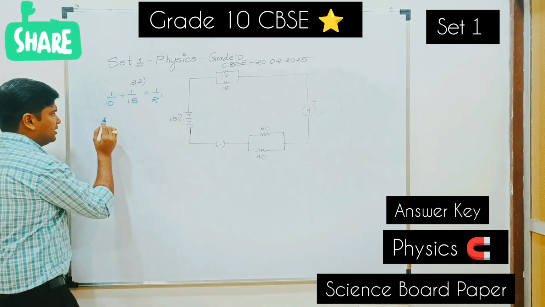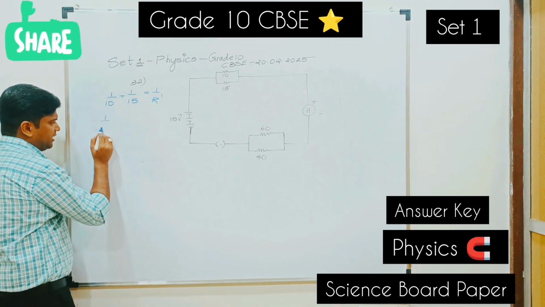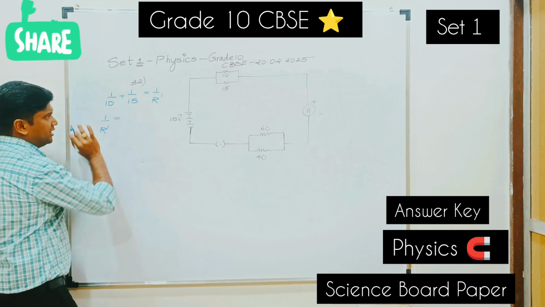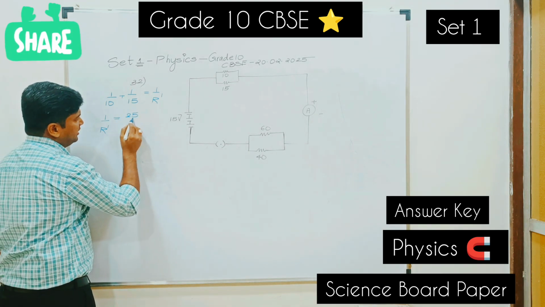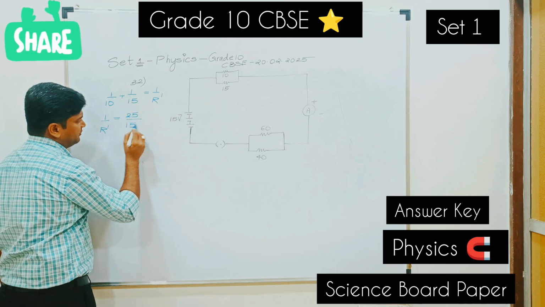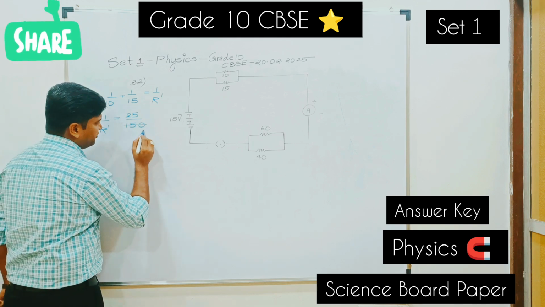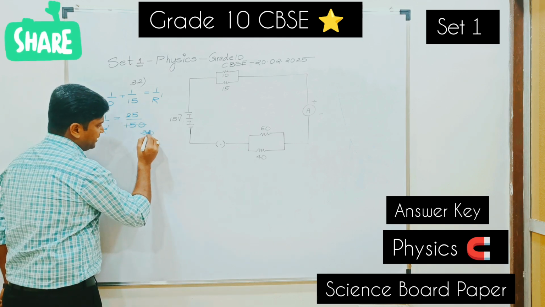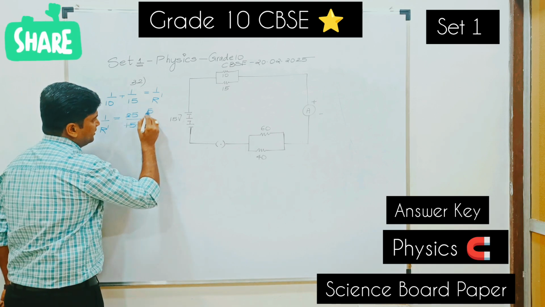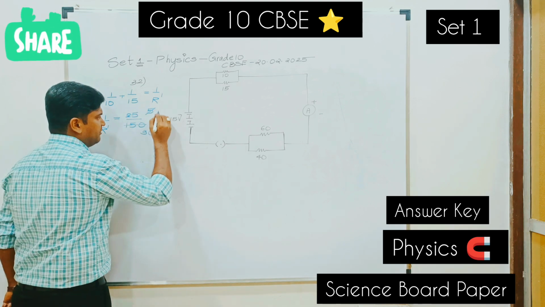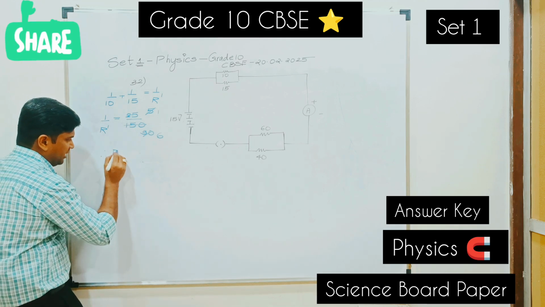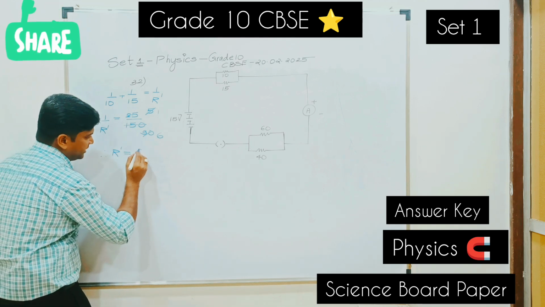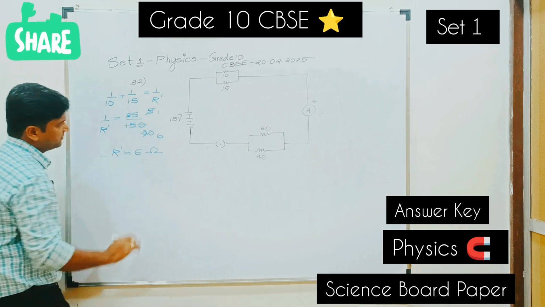Cross multiplying, I get 15 plus 10, 25, divided by 150. So 5 30s are 150 and 5 5s are 25. 5 1s are 5 and 5 6s are 30. So R dash, the equivalent, will be 6 ohms.